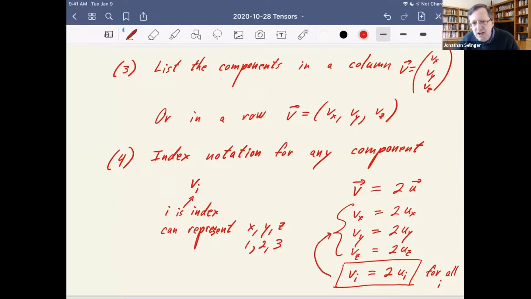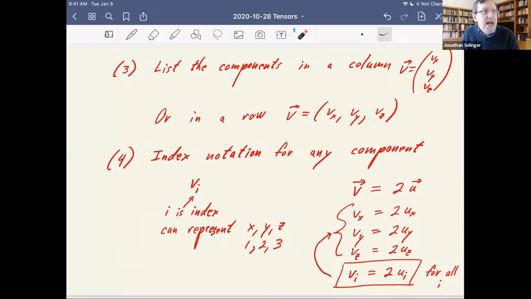This is 3 equations in one. Sometimes people write "for all i" after that, but usually people leave it out. Usually people don't bother to write it, but you should still think it. It is implicit in writing this equation that it is true for all i. Even if people don't write it, they still mean it. So this is 3 equations in one for i equals X, Y, and Z.